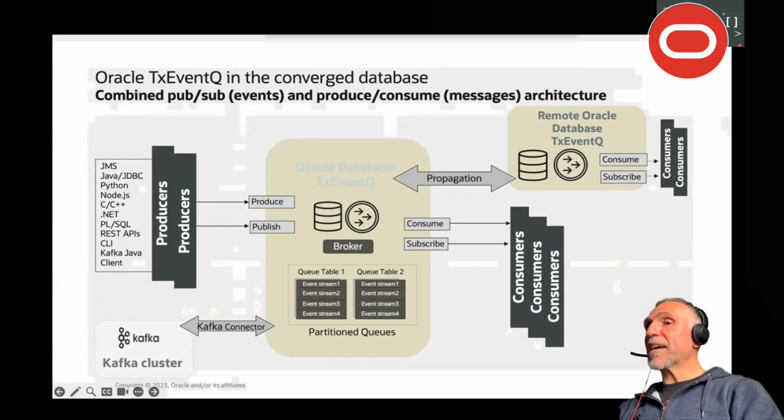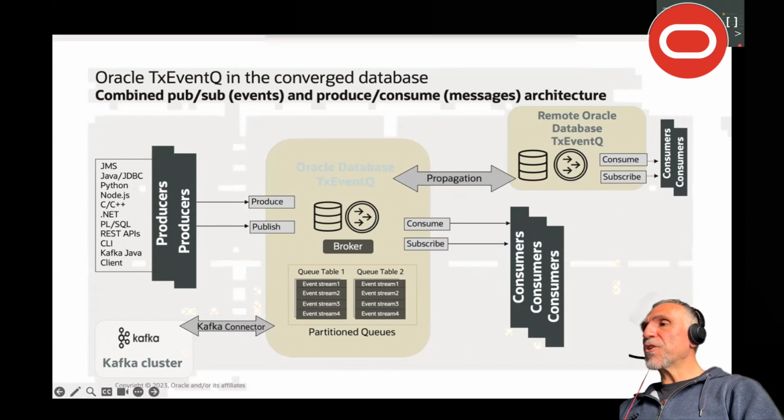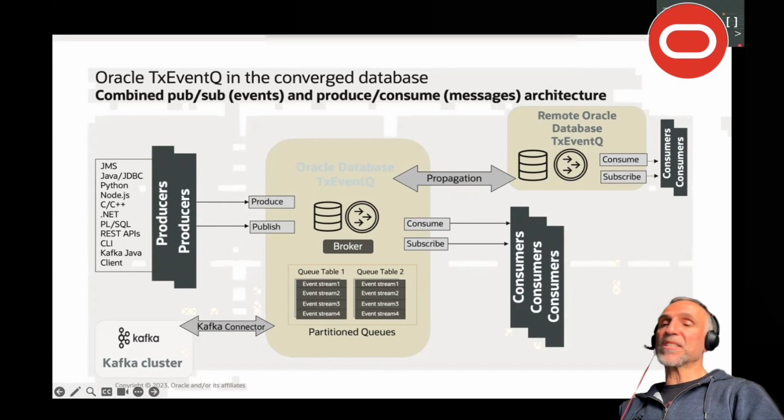So there's a Kafka connector that we provide. This is an Oracle technology, called Kafka Connect, right? So you can join Kafka clusters into this whole event mesh with bidirectional interoperability between Kafka and transactional event queues. We will go into that in the last part of the demo.